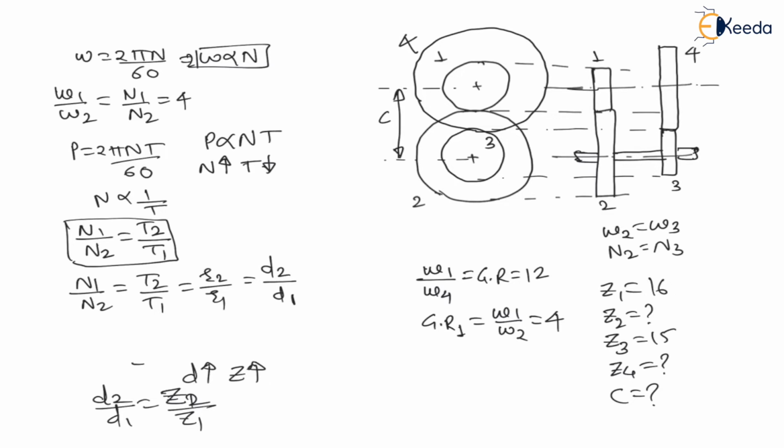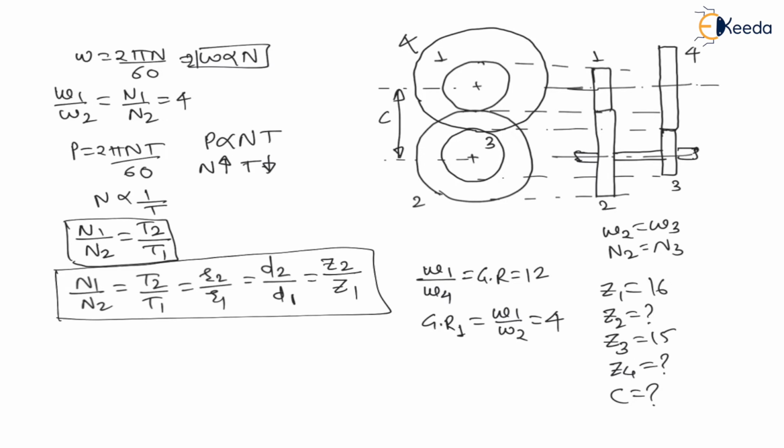Now, by using this relation, we can finally say the speed is inversely proportional to number of teeth, or the speed is always inversely proportional to size, and the size of gear is specified by torque, radius, diameter, or number of teeth, right?